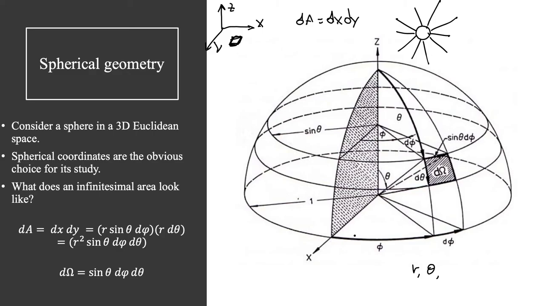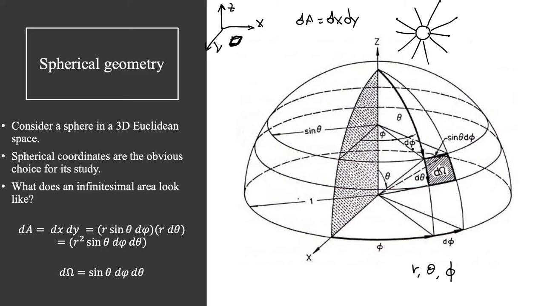And finally, another angle that tells us where exactly on this longitudinal circle we are, and that angle is phi. So r is the radius, and theta and phi are essentially the same as latitude and longitude. Theta is latitude in our system, and phi is longitude.